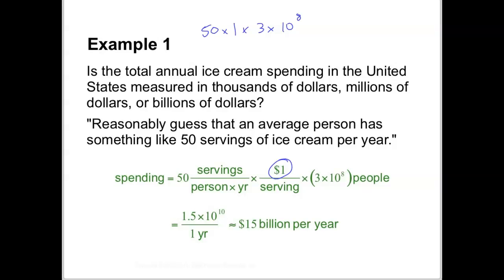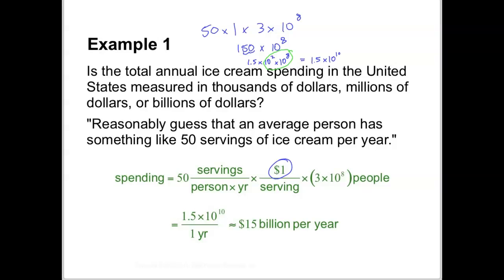So 50 times 1 is just 50, times 3 is 150, times 10 to the 8th. Well, 150 is not in scientific notation, so to convert it, I would move the decimal 1, 2 to the left, so that would be 1.5 times 10 to the 2nd times 10 to the 8th. Remember here, we just add our exponents, so that's going to get me 1.5 times 10 to the 10th.